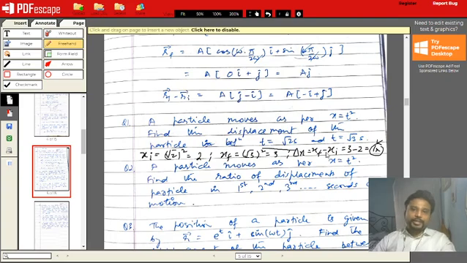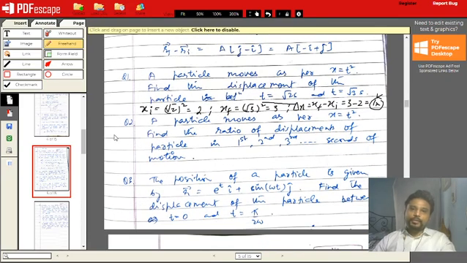A particle moves as per x equal to t square. Find the ratio of displacements of the particle in first, second, third seconds of motion. So let us find the position of the particle at different times. After first second, the particle is at 1. After second, the particle is at 4. Third second, since these are squares, simply we can write 9.